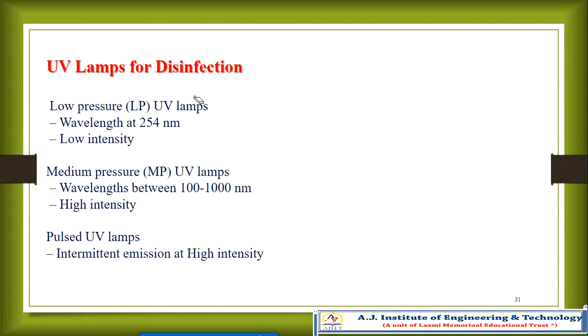UV purification does not use any chemicals like chlorine or leave any harmful products. That is also one of the advantages.